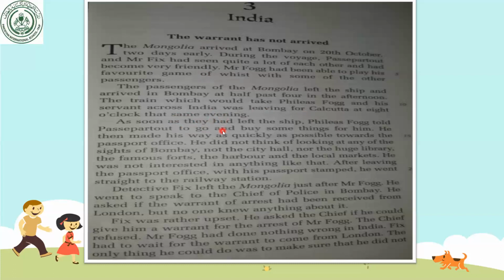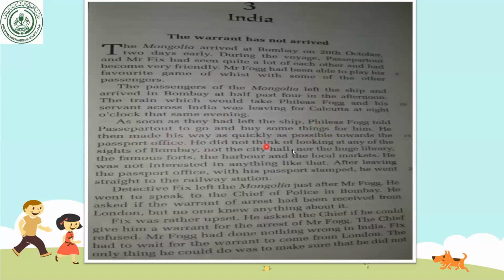As soon as they had left the ship, Phileas Fogg told Passepartout to go and buy some things for him. He then made his way as quickly as possible towards the passport office.